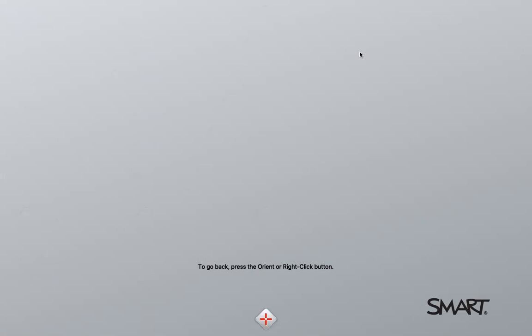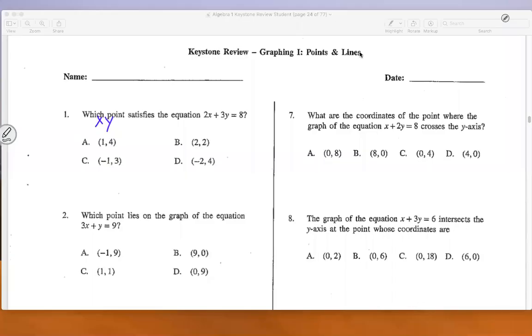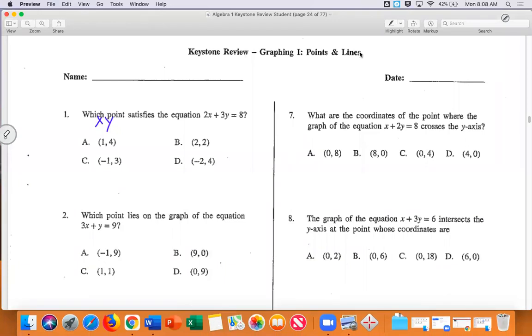So you labeled them X, Y, and then you plugged it in, and you got D. All right, so you said X, Y. So you got 2 times -2, that's -4, plus 3 times 4, that's 12, and you got 8, and you did. Nice job. Easy, right?